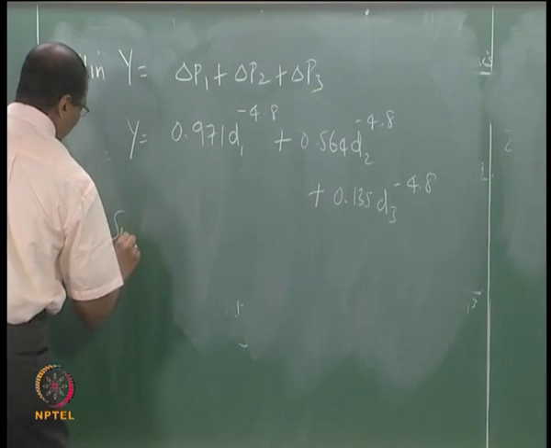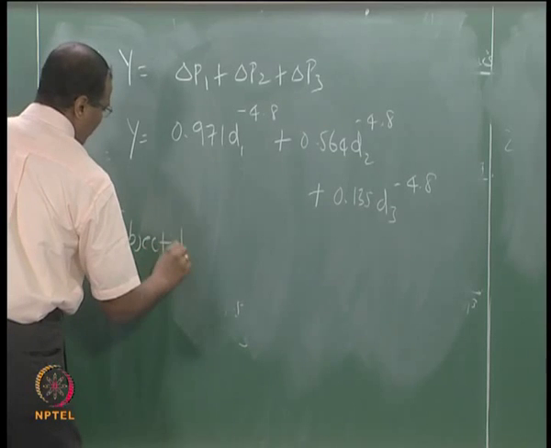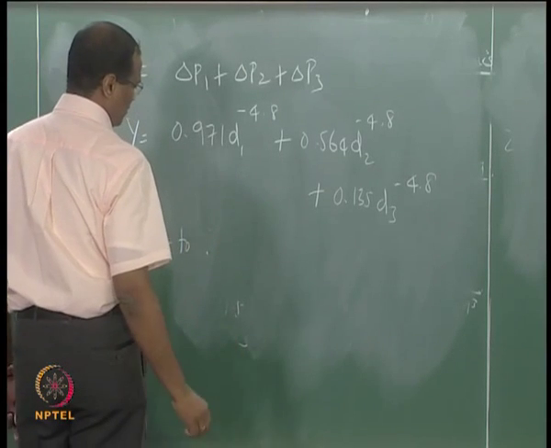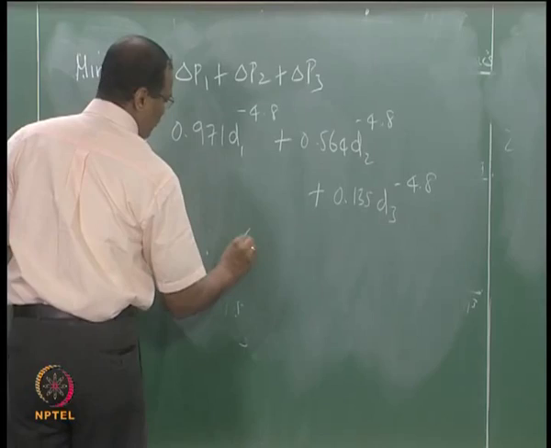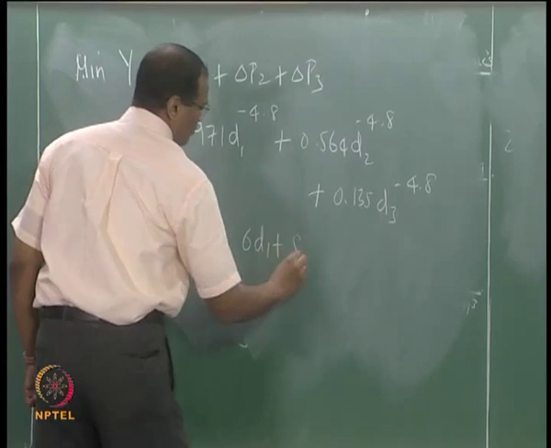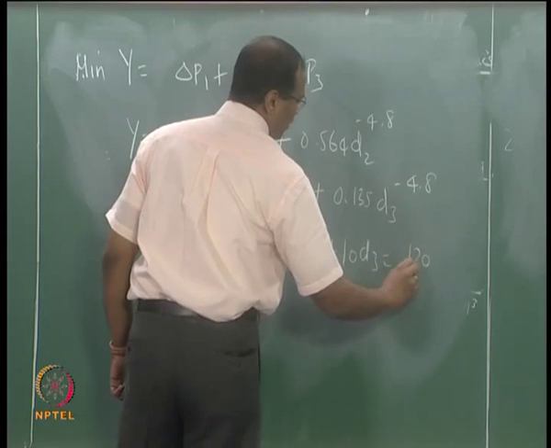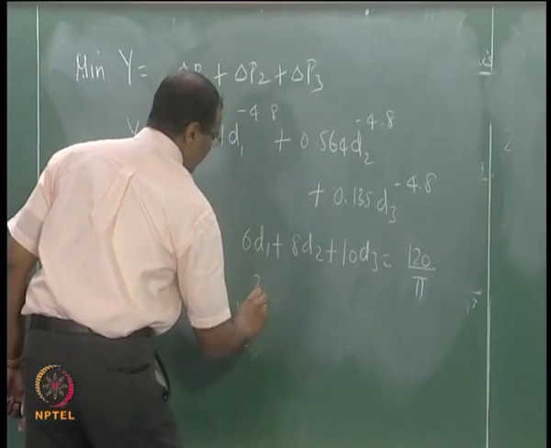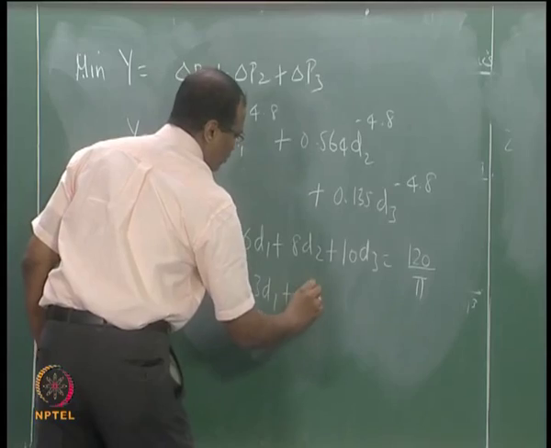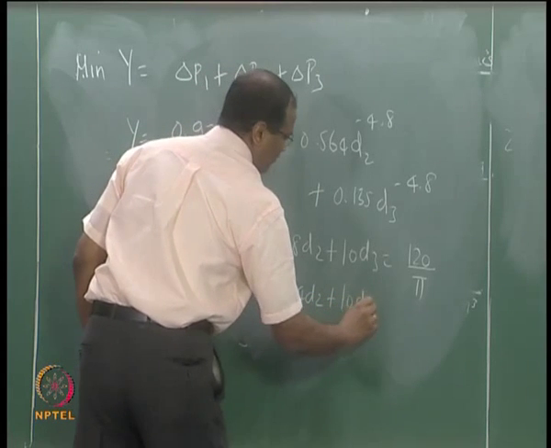Subject to 6 d1 plus 8 d2 plus 10 d3 is equal to 120 by pi, and 3 d1 plus 4 d2 plus 10 d3.